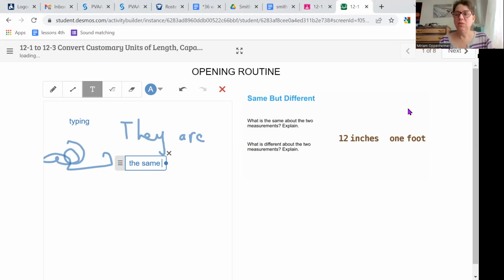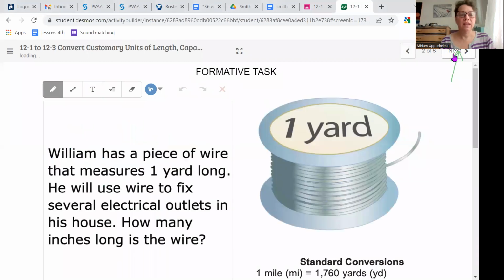And then when you're finished, you can go up here where it says next. Everybody see that? Go ahead and click on next. Now it gives you this. This is wire. And we see William has a piece of wire that measures 1 yard long.